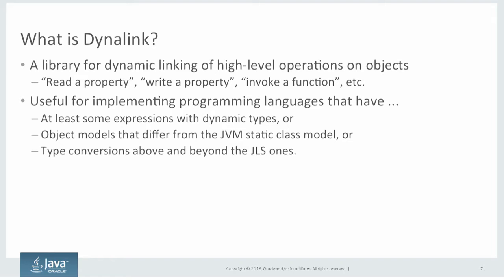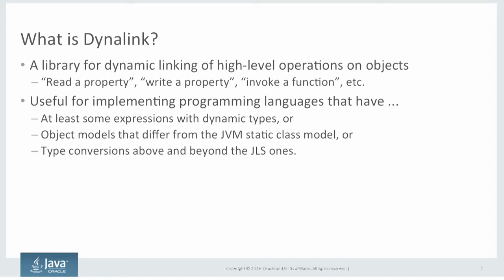And so as soon as a programming language has an object model that might differ from that of the underlying JVM, it might be worthwhile to take a look at Dynalink to take care of the linking of operations at call sites.